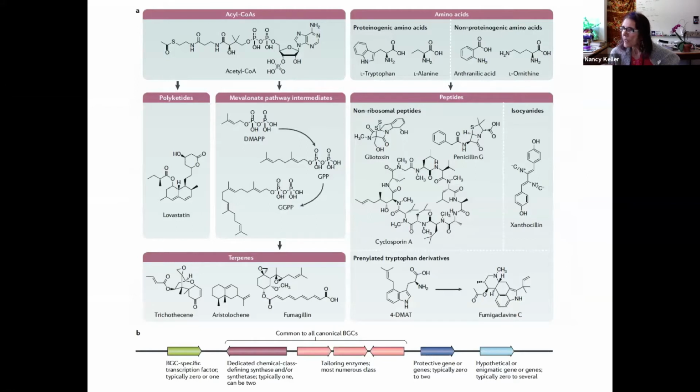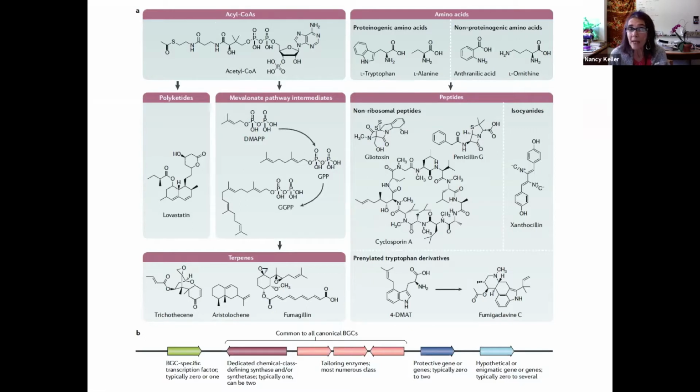So most of the chemicals that fungi make are known as natural products or secondary metabolites. And these compounds are all derived from primary metabolites. For example, we can have acyl-CoAs that all organisms make.